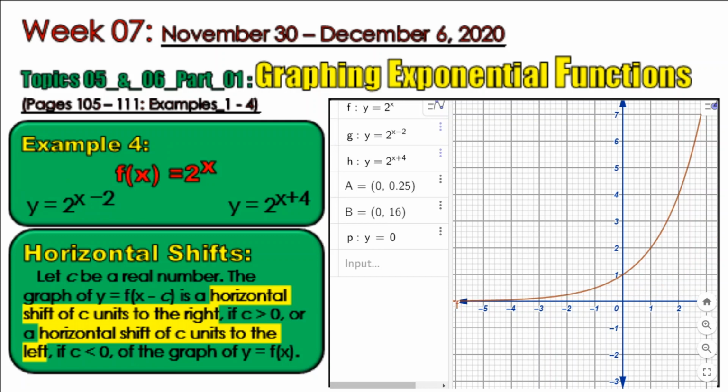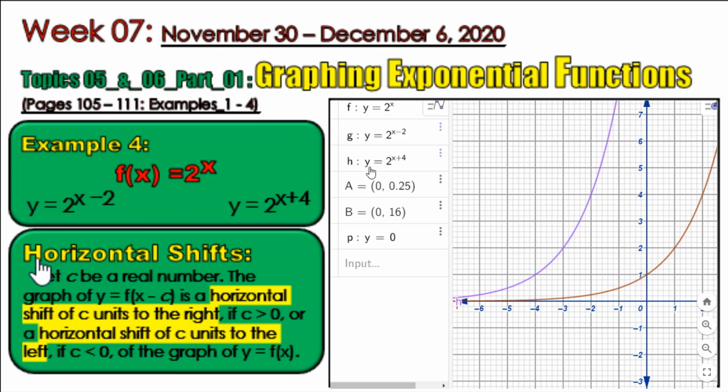how about if c is less than 0, or negative? In this case, we have y is equal to 2 raised to x plus 4. Our c is negative 4, because from f of x minus c, if c is negative 4, x minus negative 4 becomes x plus 4.